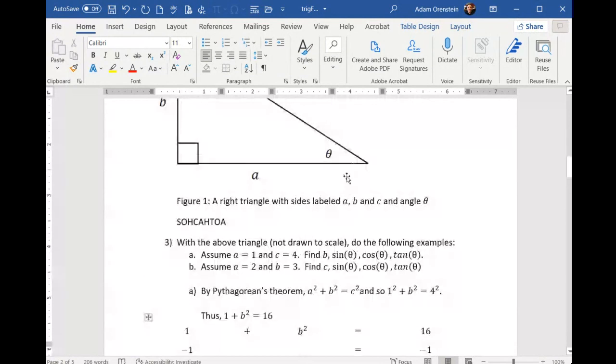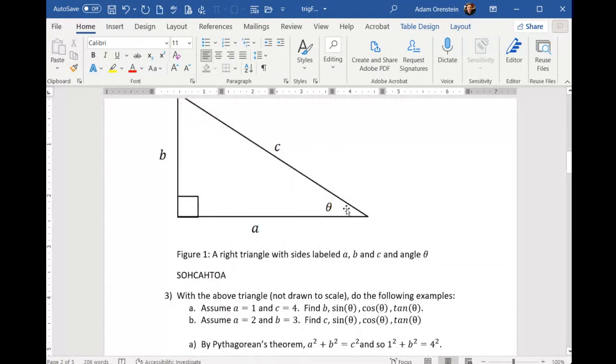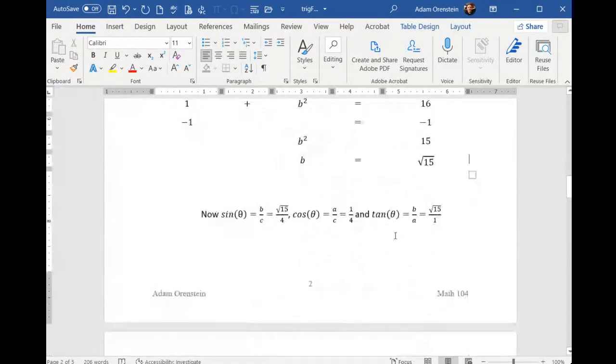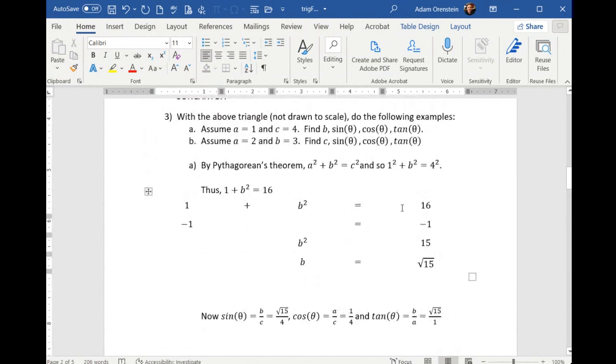Finally, tangent is the opposite side divided by the adjacent side. So B divided by A. So in this case, it's the square root of 15 over 1. That's for part A. Are there any questions on that?